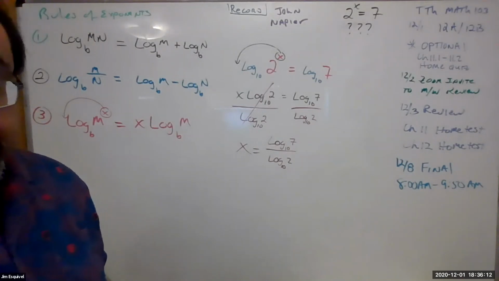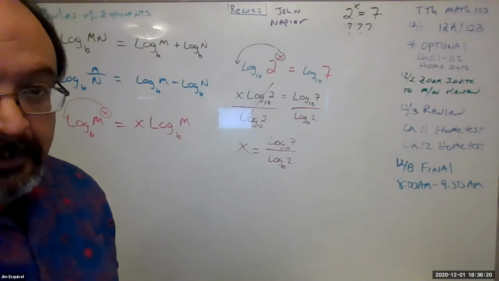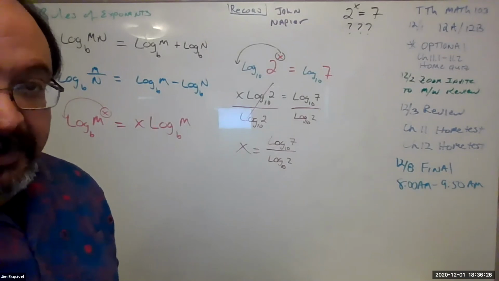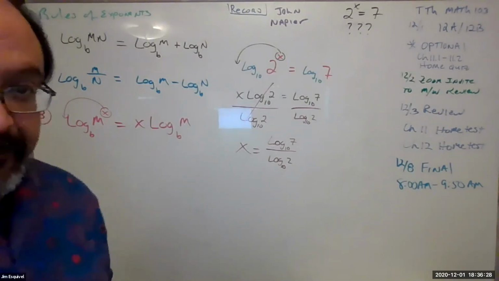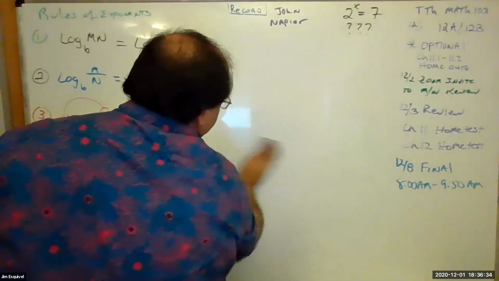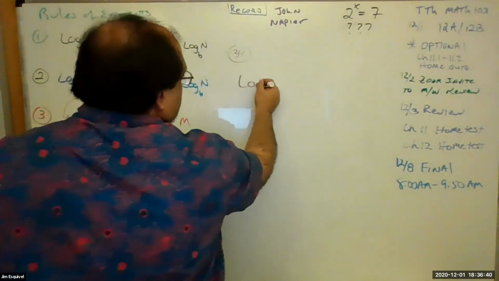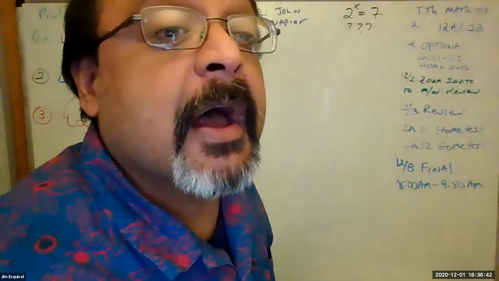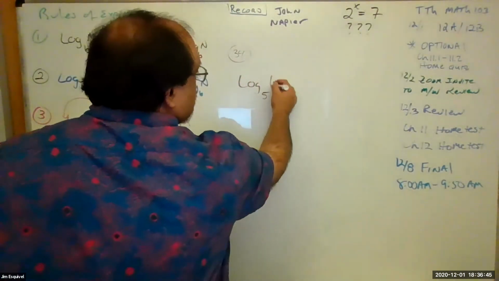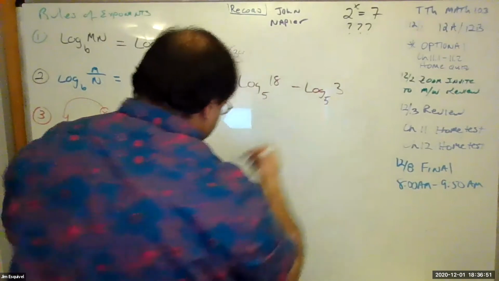But here's what you've got to do. You have to be able to put these two together as a single logarithm. This is number 34. Log base 5 of 18 minus log base 5 of 3.